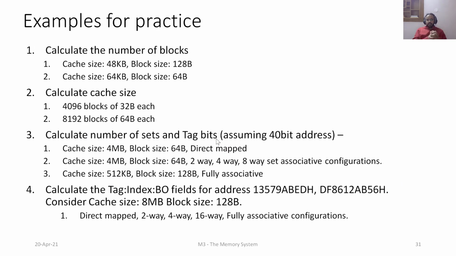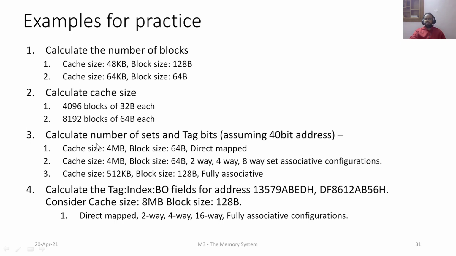Okay, with that, I have some assignment for you. This is for your own practice. For a given cache size and block size, calculate the number of blocks. The second question is, for a given total number of blocks and block size, calculate the total cache size.